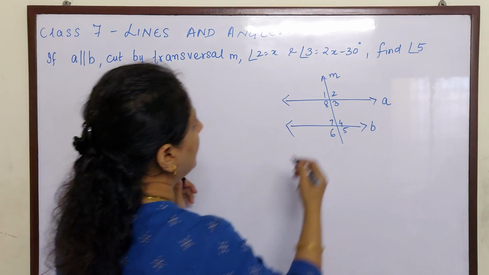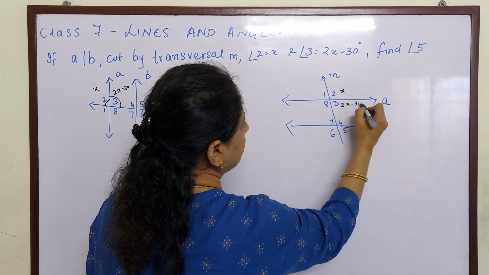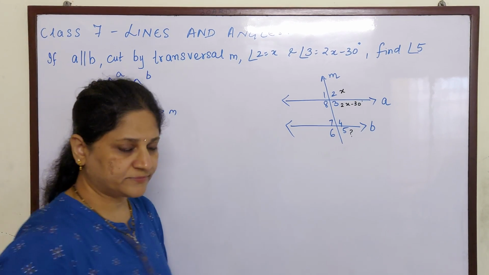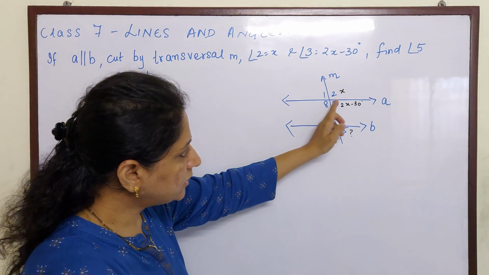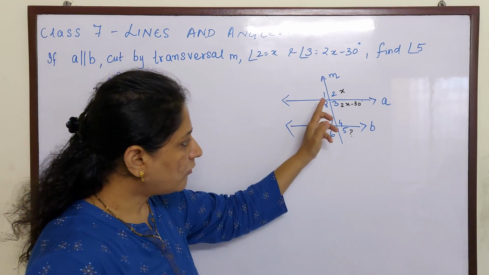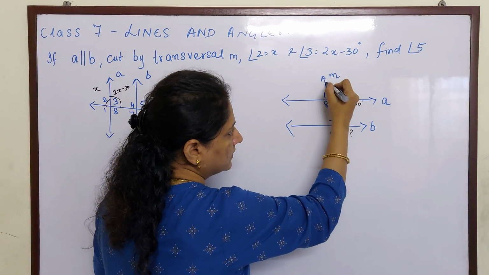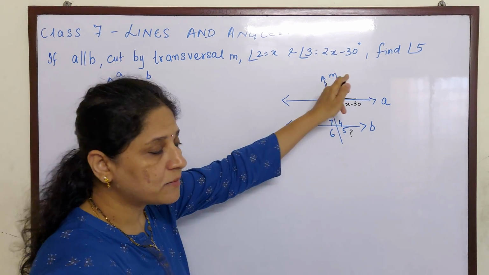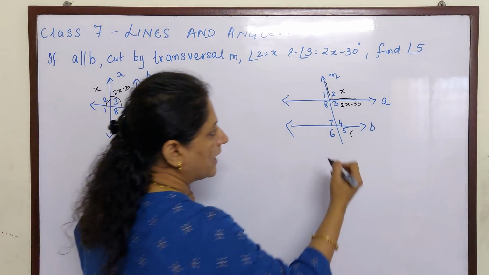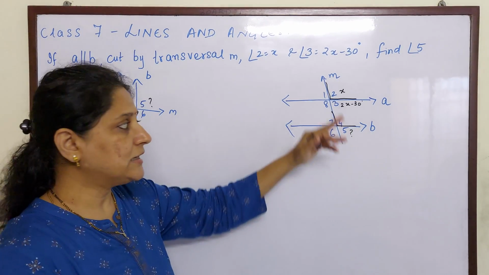Now here we know angle 2 is x and 3 is 2x minus 30. So I have to find angle 5. Now children, look closely. If angle 2 is x, what is angle 4? See the shape of angle 2? It is on the right hand side and lying above the line, right? Now angle 4, it is also on the right hand side and lying above the line.